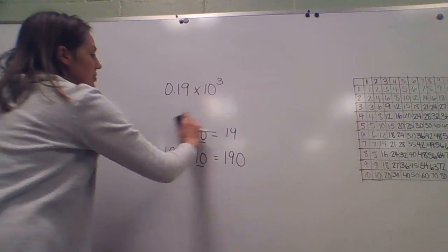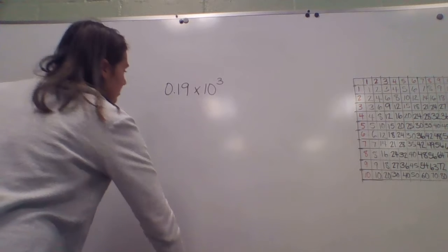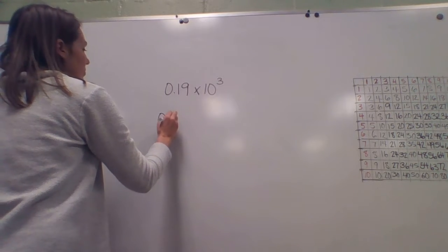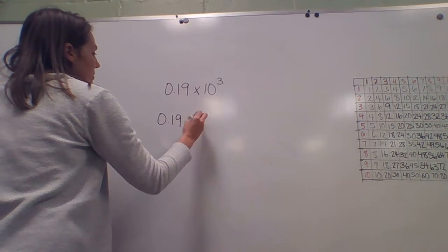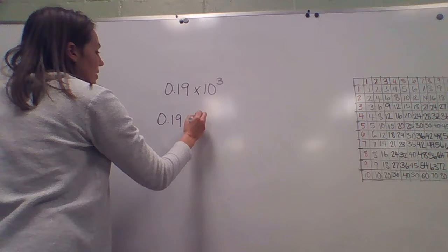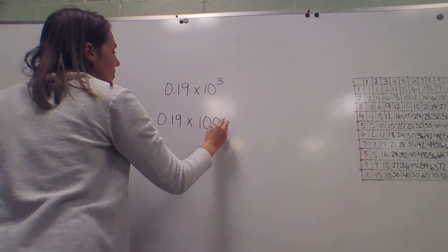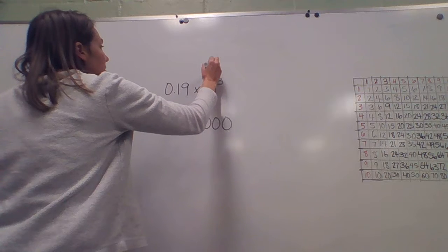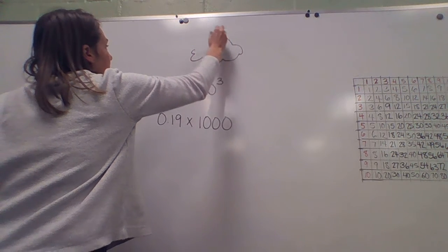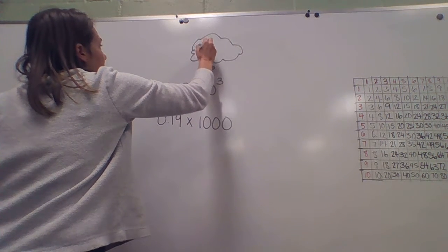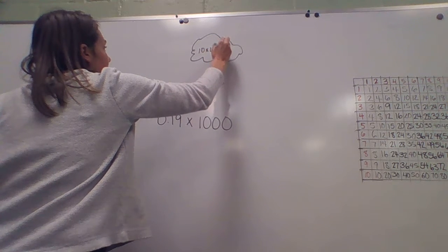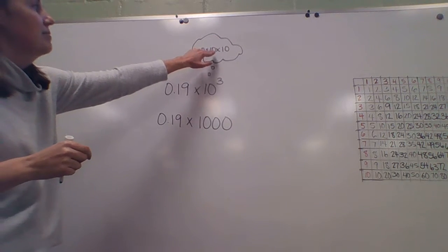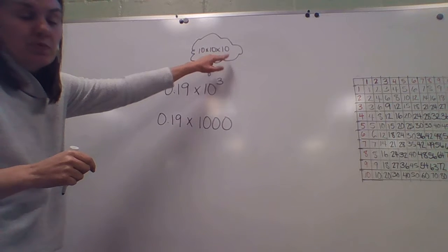We can also do that, though, by thinking of it as 0.19 multiplied by 10 to the power of 3, which we also know would equal 1,000, because that's like saying 10 times 10 times 10, 10 three times. 10 times 10 is 100, 100 times 10 is 1,000.